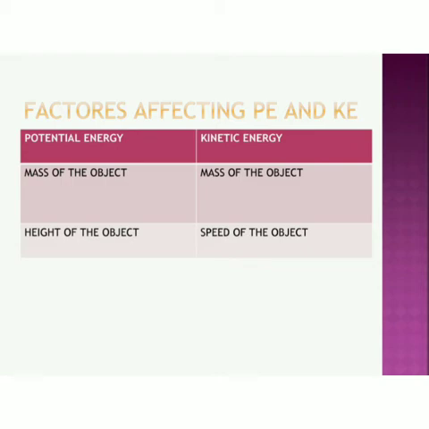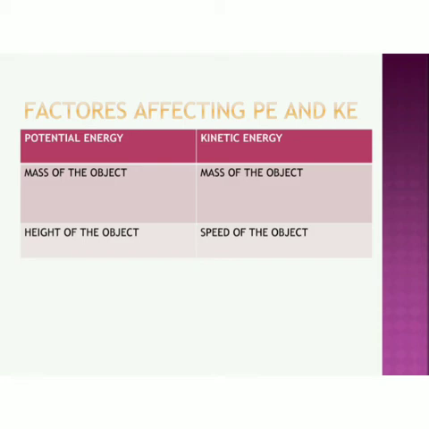So the heavier mass stores more potential energy, and comes to the ground with more speed, so the kinetic energy also varies. Here we need not consider the height for kinetic energy; for potential energy we consider height and mass alone. The object with a greater mass has more potential energy, and one placed at a greater height has more potential energy stored in it.